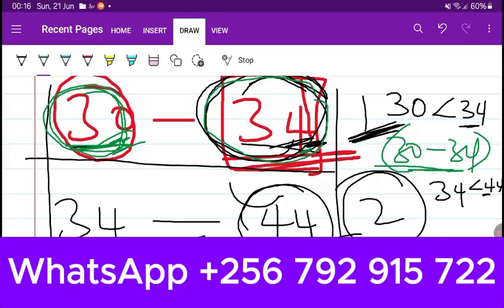But when you come to the second class of 34 to 44, it is the smallest value that could go in that class, even though in the first class it was the biggest. So you can explain it interchangeably.